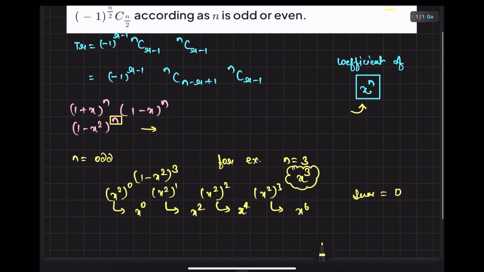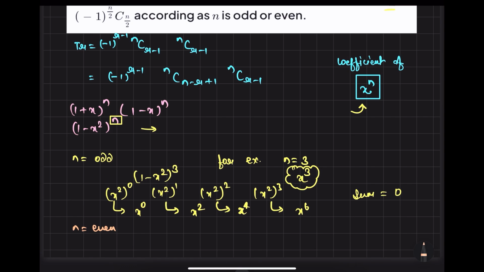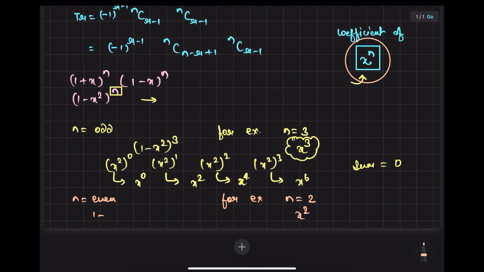Okay, now suppose that n is even. We got n as even. So if n is even, for example n is 2, we want the coefficient of x power 2. Now look at this, what will happen to this part? (1 minus x square) power 2, correct?